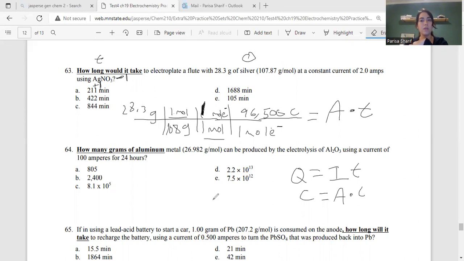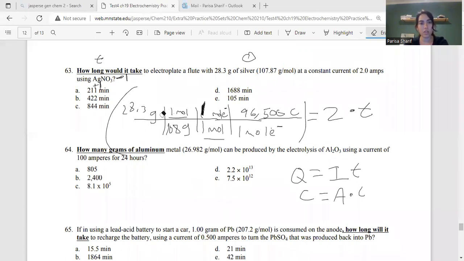Now we just need to put in the amps, 2 amps. And then this time our unknown is the time. So see how the stencil can be carried over from problem to problem, and you don't really have to keep too much track of things. So this is how I like to do it. Now we just need to basically isolate T, and it's going to be much easier this time because we can solve for all of this at once.